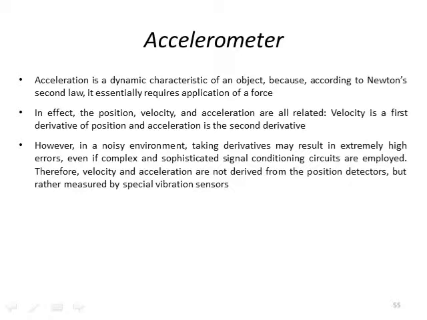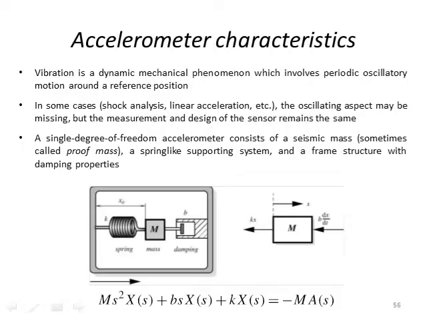Rather, we measure these by special vibration sensors, as the accelerometer, as we've seen so many cases. So you've seen the block diagram with the dynamic system containing the spring, mass, and damper, and then connected to the body.